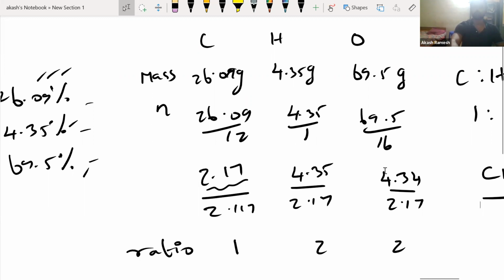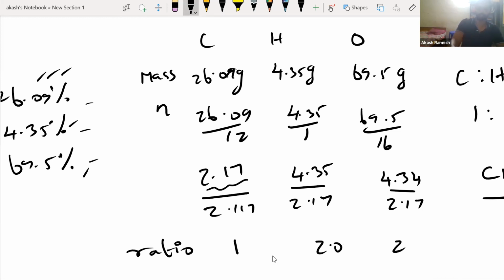After you get the number of moles values, among the three, choose the smallest one, and the smallest one is 2.17. Divide each of these number of moles by the smallest value: 2.17 divided by 2.17, 4.35 divided by 2.17, and 4.34 divided by 2.17, and you will get some numbers. See guys, you will not get exactly 2.